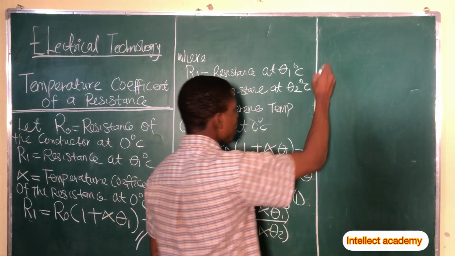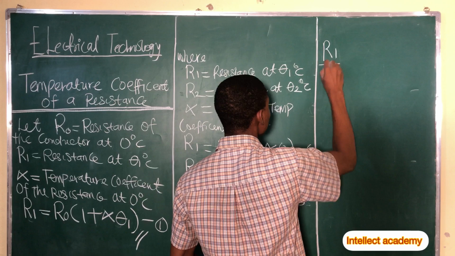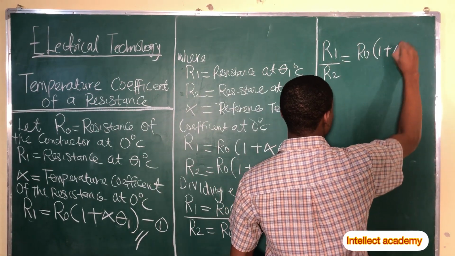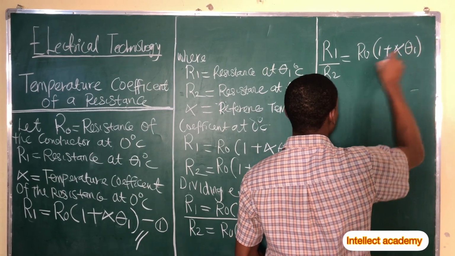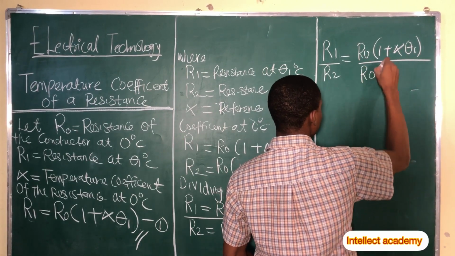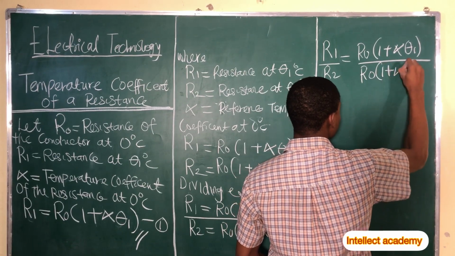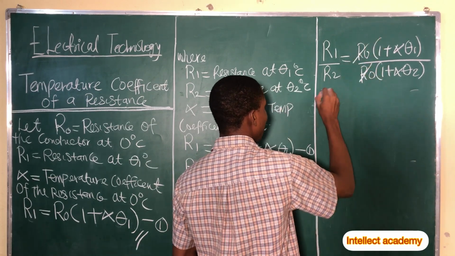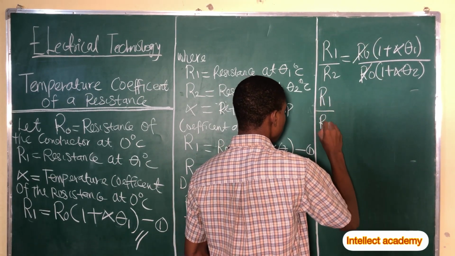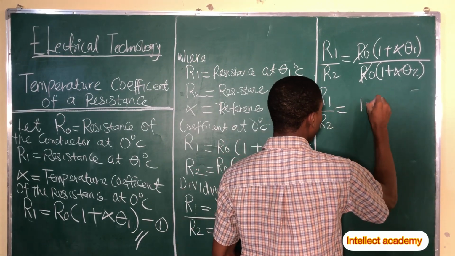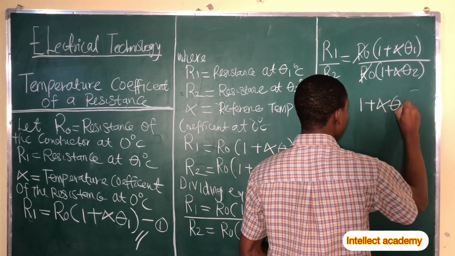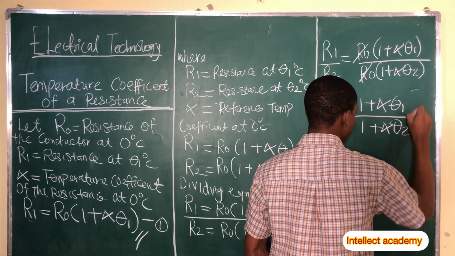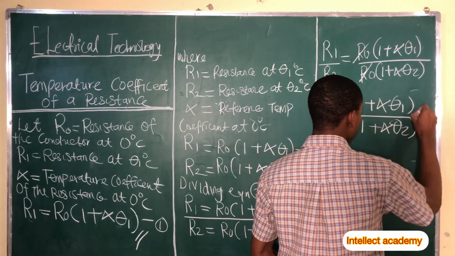We have R1 over R2 equals R0 bracket 1 plus the reference temperature coefficient multiplied by theta 1, all over R0 bracket 1 plus the reference temperature coefficient multiplied by theta 2. You will see that R0 cancels, and we have that R1 over R2 equals 1 plus the reference temperature coefficient multiplied by theta 1, all over 1 plus the reference temperature coefficient multiplied by theta 2. Let's call this equation 3.